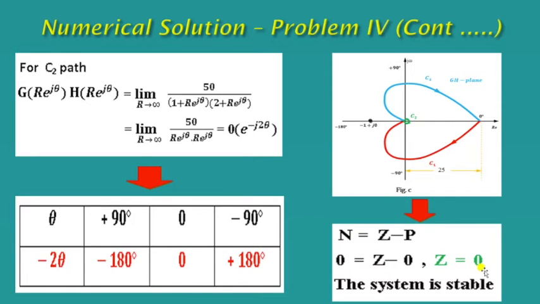Z equal to 0 means there are no characteristic zeros present in the right hand side of the S plane. That means there are no closed loop poles present in the right hand side of the S plane, because characteristic zeros are equal to the closed loop poles. The system is stable.